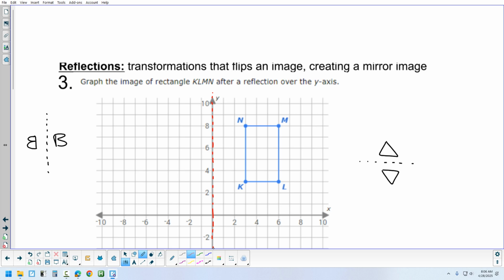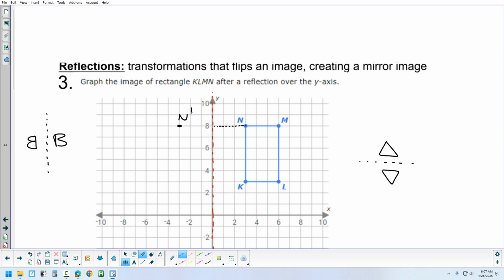Easiest way to do it is look at each point and measure how many units it is away from the line you're flipping over. Let's start with N. How many units away is N from that red dotted line? 3. And it's 3 units to the right. When you flip it, it's still going to be 3 units away, but it's going to be 3 units to the left. Yep. So just count 3 units in exactly the opposite direction. 1, 2, 3. And that is N prime.